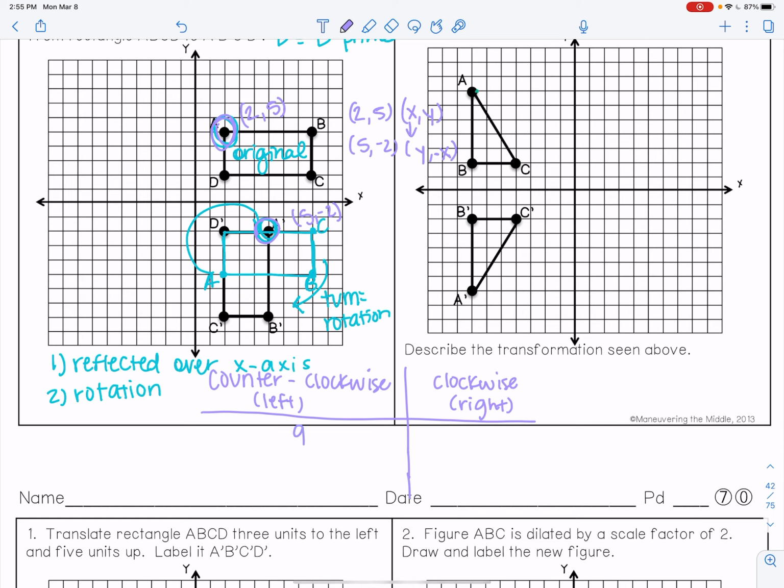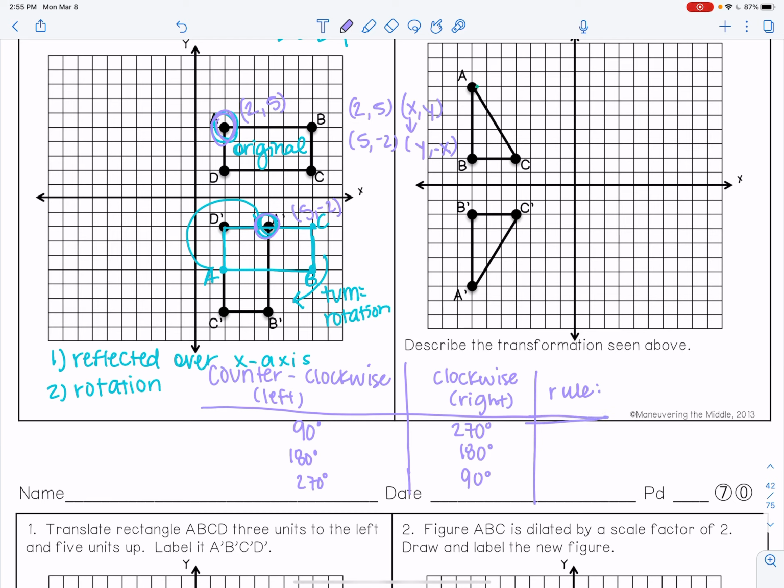So the ones that are going to be equivalent is we have our 90, 180, and 270. For the clockwise, you're just going to write it but upside down, or backwards. You'll have your 270, 180, and 90. And then you have your rules.